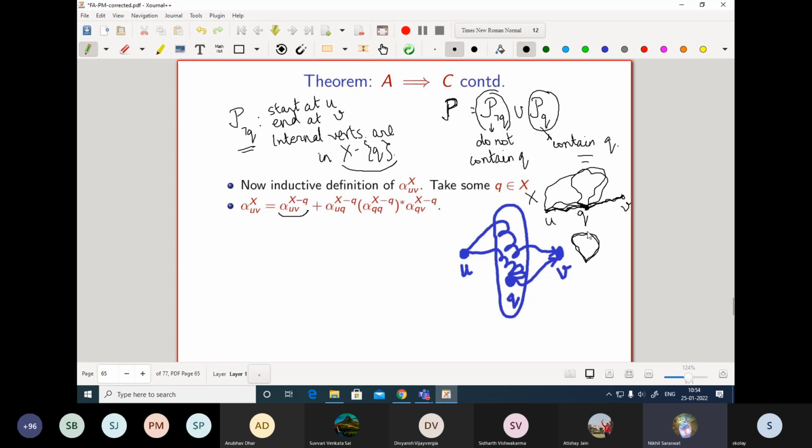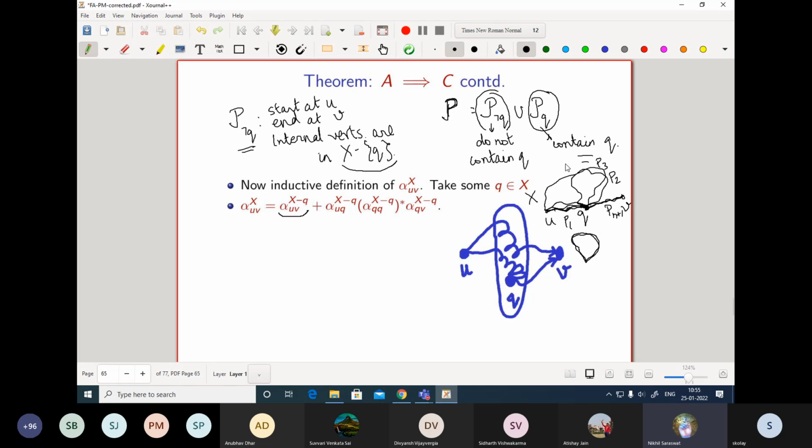So let's break this path into, let's say, p1 and then p2, then p3, and so on till p_n plus 1, if there were n occurrences of q. Notice that between occurrences of q, I'm not using q as an internal vertex. In p1, I'm not using q as an internal vertex. In p2, I'm not using q as an internal vertex.